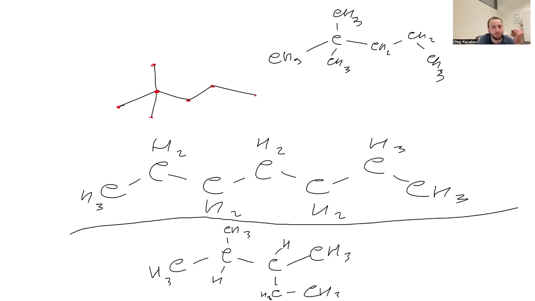You don't have to draw all those bonds if you want a truly condensed structure. I just did it for explanation purposes, but ideally you will have something like CH here and CH. So that's the other isomer that you made in this case.